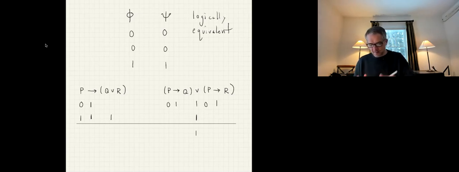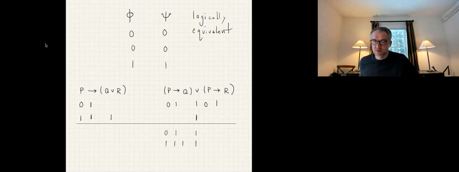So what I'm going to do is argue first that if this first disjunct is true, then the sentence on the left is true. So if the first disjunct, if P then Q, is true, that means either P is false, P is 0, or P is 1 and Q is also 1. Those are the only ways that this could be true.